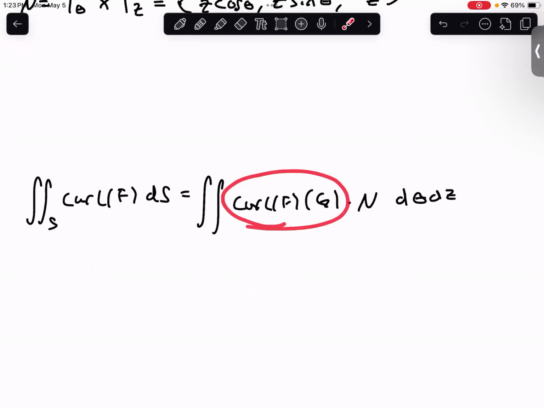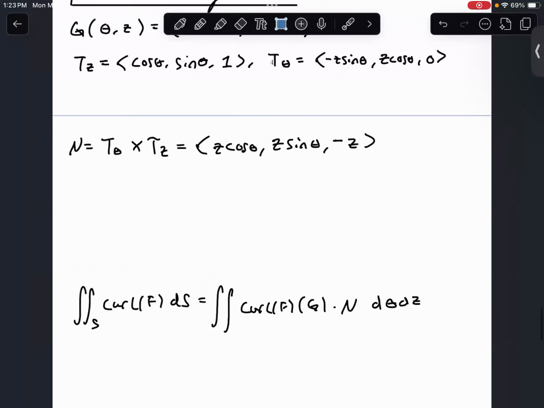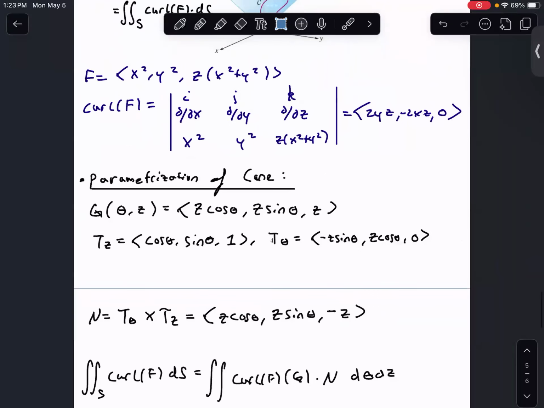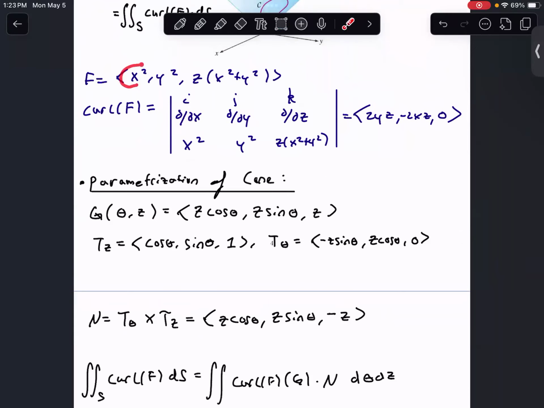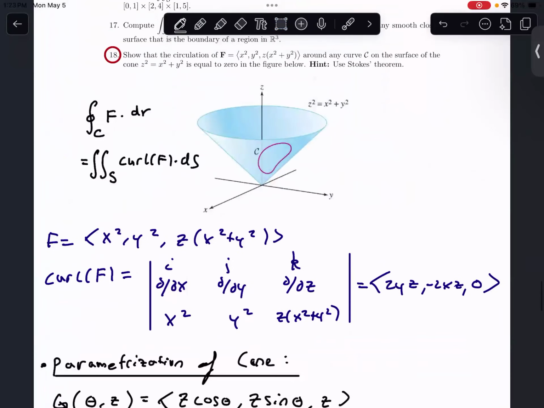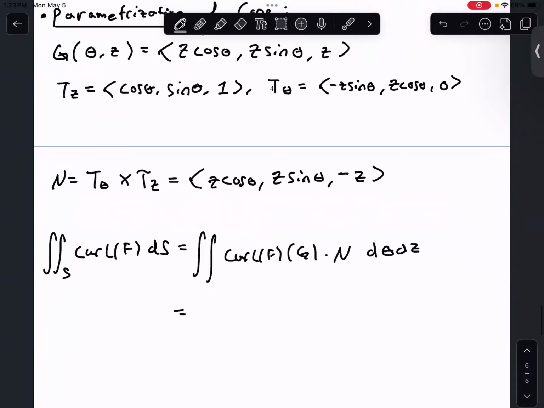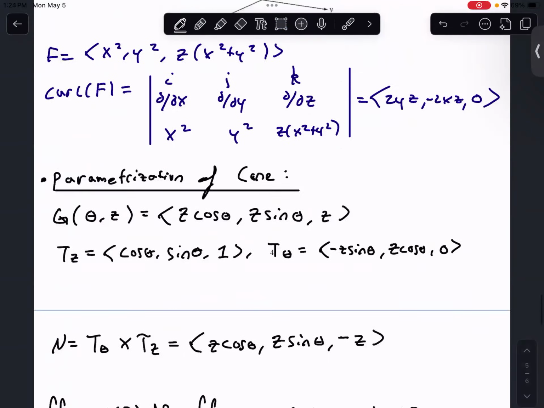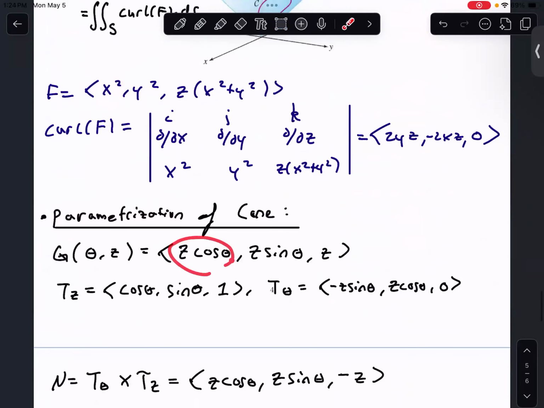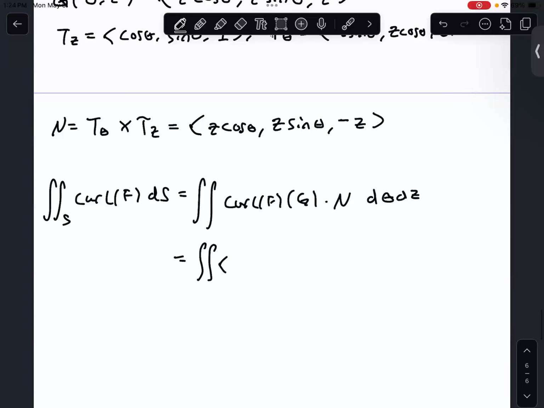So if we do the curl of f composed with g, let's go up here. The first component of f means that you're squaring whatever the first component of g is, so you'll have z squared cosine squared theta for the first component.